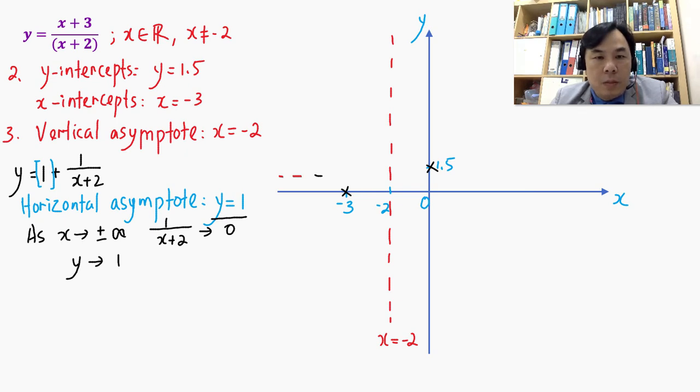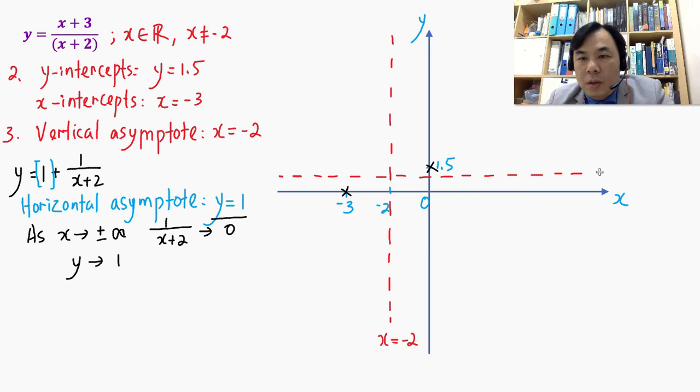Let me clean up the... Okay, so it's supposed to be here. I should have drawn this further up, but it's okay. So this is y equals 1. Now there's your horizontal asymptote. You have your vertical asymptote. And then generally we are almost there.